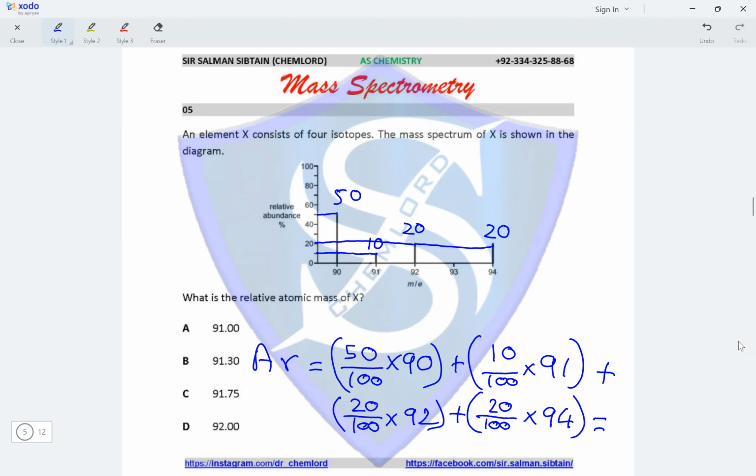This gives us an AR value of 91.3. So the correct option for this question is option B.